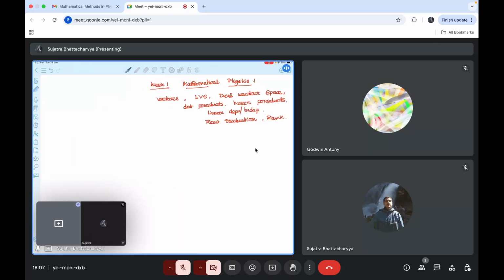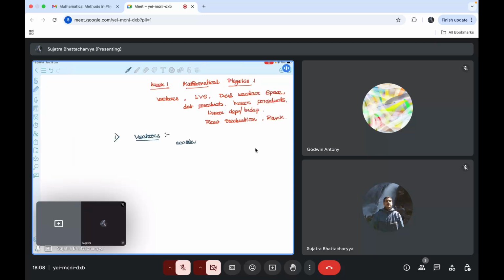Okay, so the starting point is that you start with a vector. In physics, in very simple language, what is a vector? A vector is nothing but any physical quantity which has a magnitude, along with which there must be a direction associated with it. Like we say, acceleration is a vector.